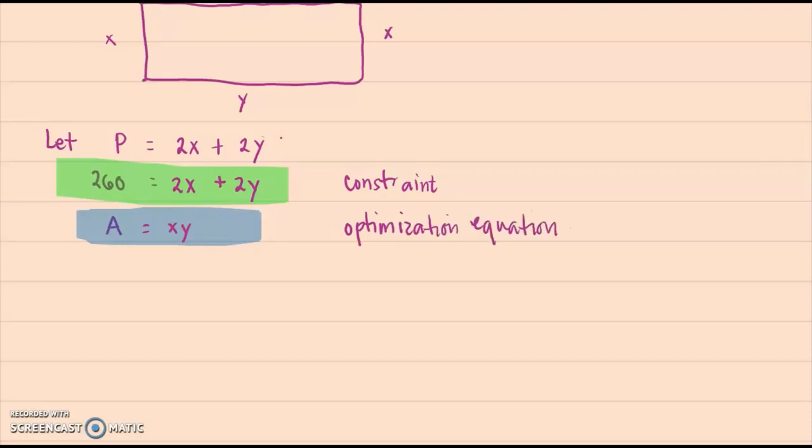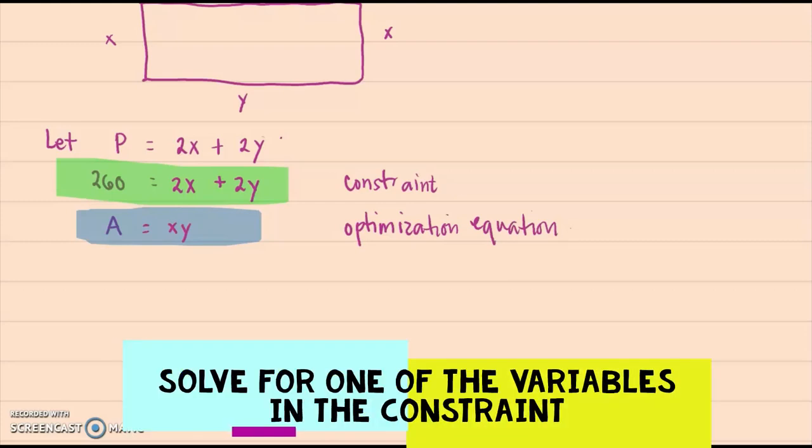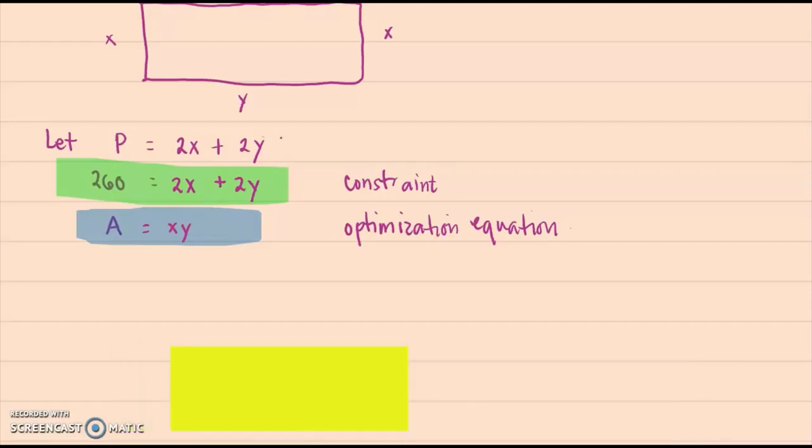Right. So second step, we have to solve for a variable in our constraint. This time we are still going to solve for y. So let's get the constraint. We have here 260 equals 2x plus 2y.